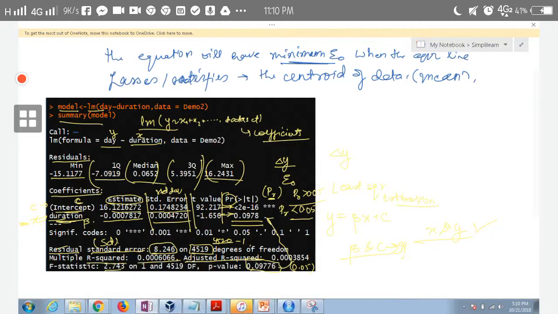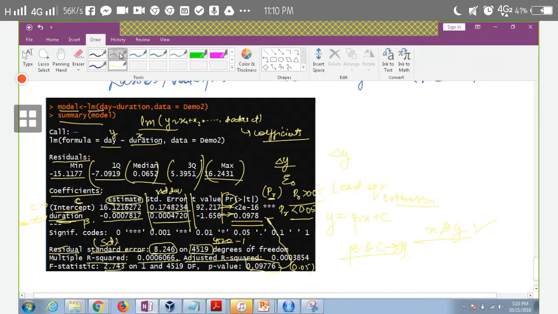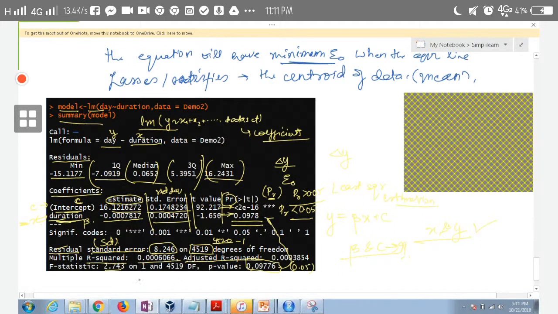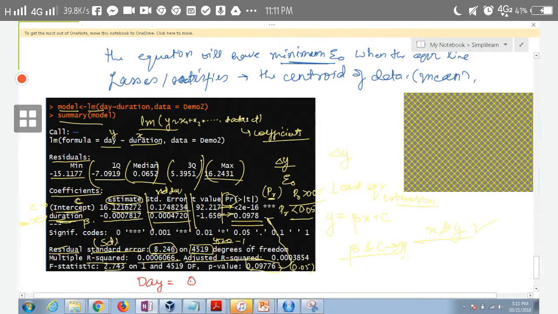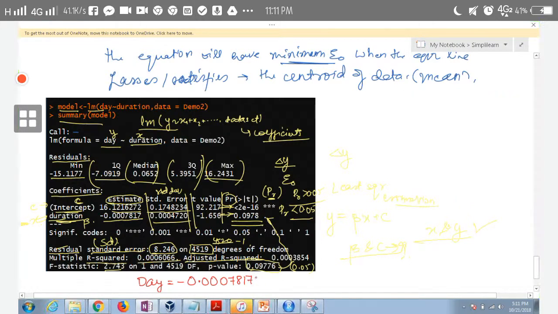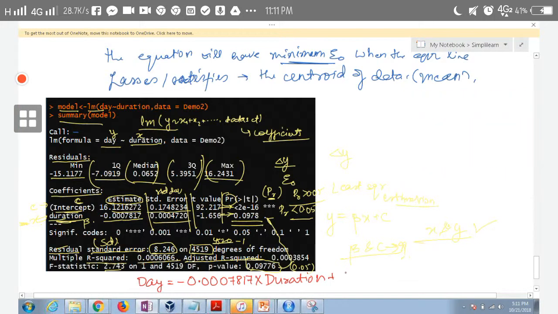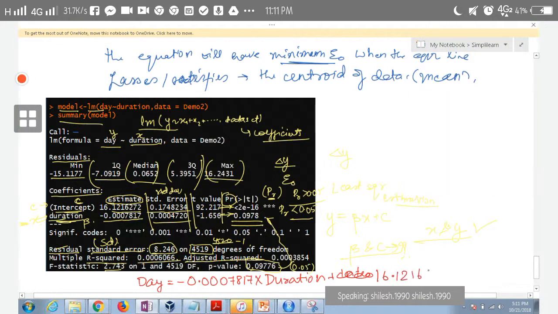Now, even if I was bound to form an equation, I would have formed it something like this. Day equal to minus 0.000717 times duration plus 16.1216272.